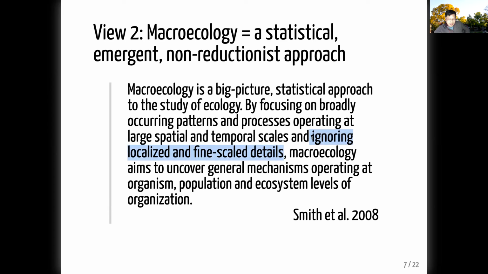That covers most of the topics so far. For example, we talk about species interactions like competition or resource-consumer relationships. We talk about relatively small-scale, localized, fine-scale details. That's the thing we talk about.